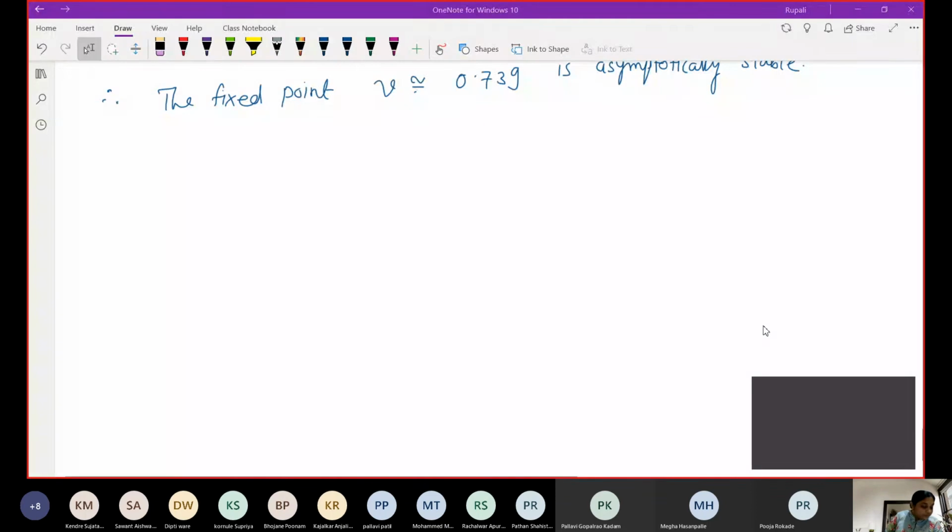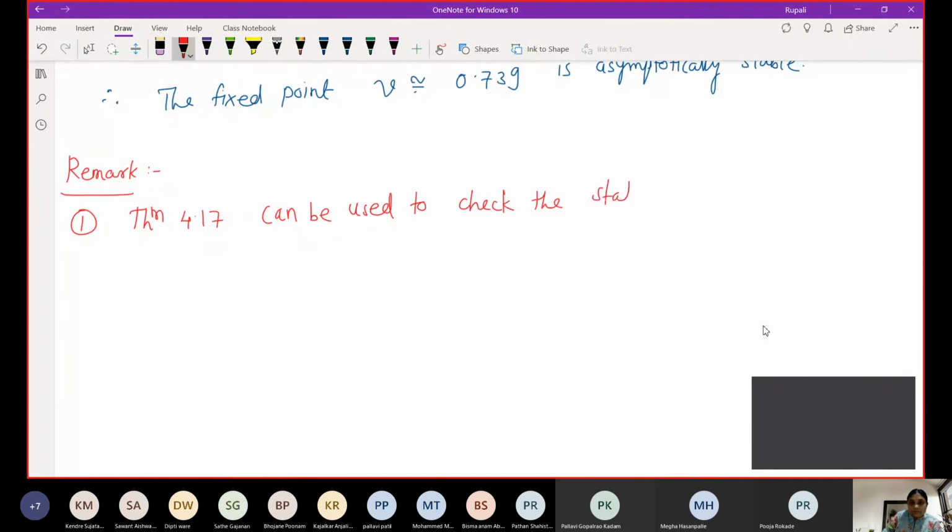Note that, remark, we can say, one, theorem 4.17 can be used to check the stability of periodic points, because in periodic points also, w, f of w, they will act as fixed points of f raised to k.